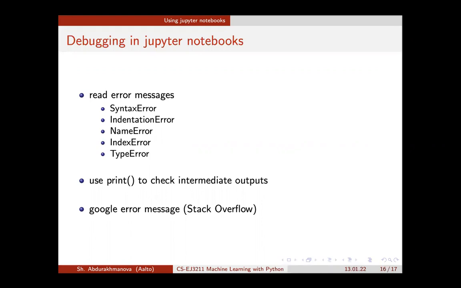That's fine. So unfortunately, Jupyter Notebook doesn't have a very good debugging system. So how to deal with the errors before you go to Slack and ask for help? First of all, pay attention to the error messages. The error messages sometimes can be helpful.